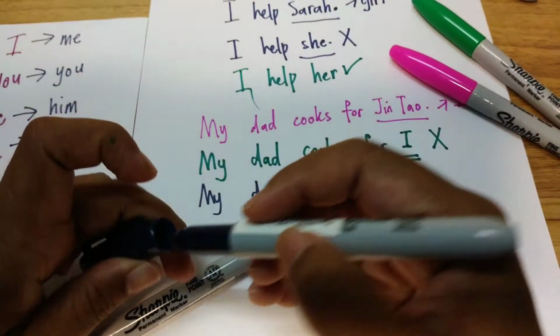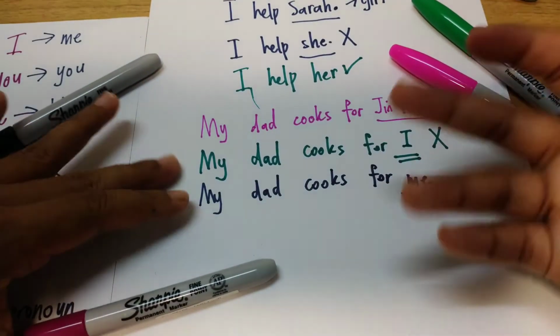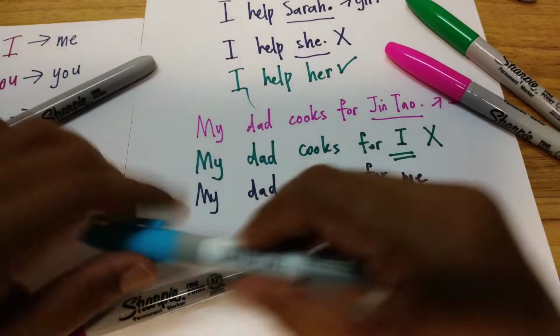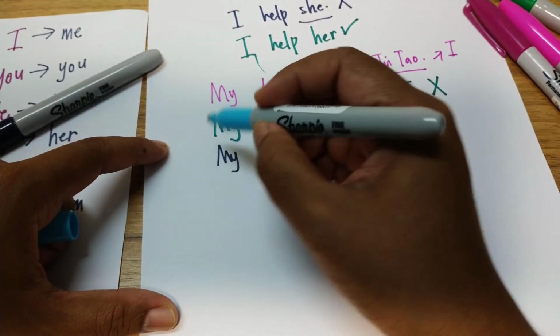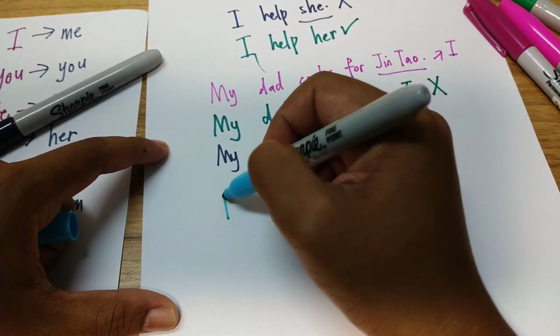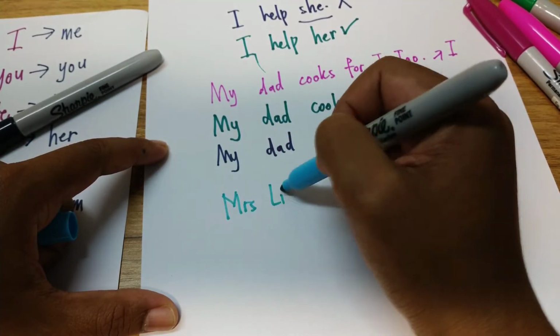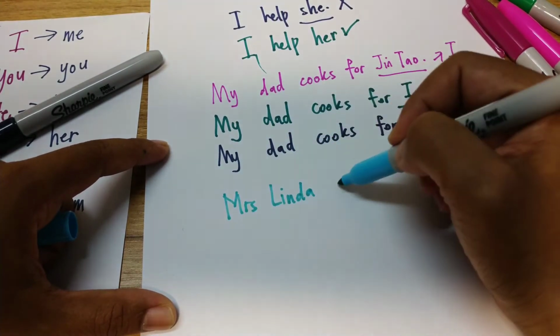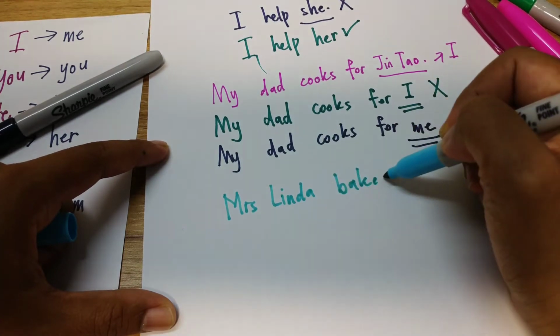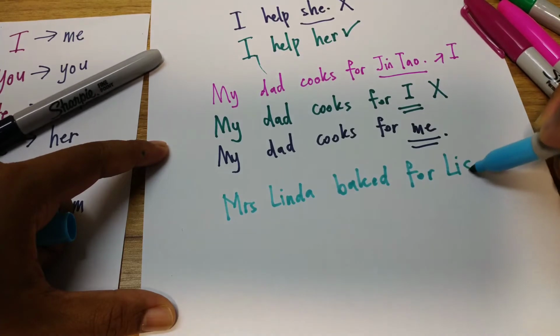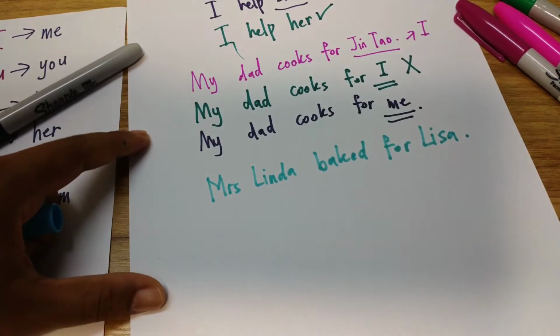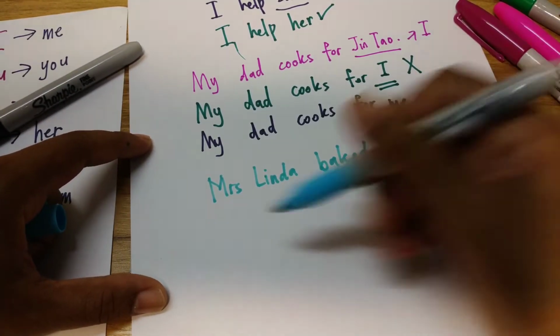All right. The next example. If you're talking about someone else, it's not about you. Let's say, Mrs. Linda baked for Lisa. So Lisa is a girl.